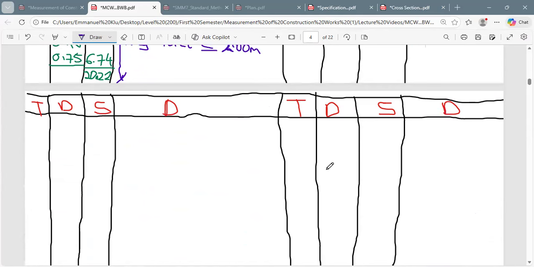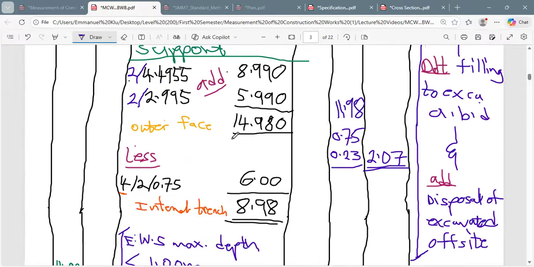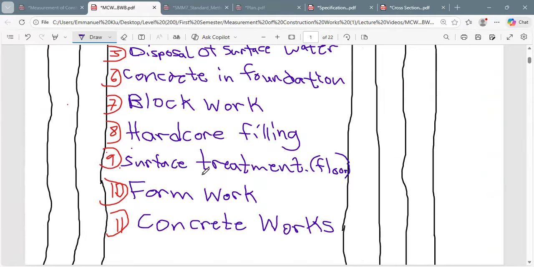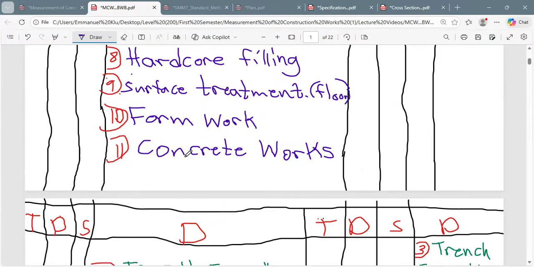Let's take the block work. The last thing we are left with to do is just the block work, and then we are good to go. So we are done with concrete and foundation. The next thing I'm supposed to do is the 7 block work, before we even come and do hardcore filling, surface treatment for the floor, the formwork, and also the finite oversight concrete.